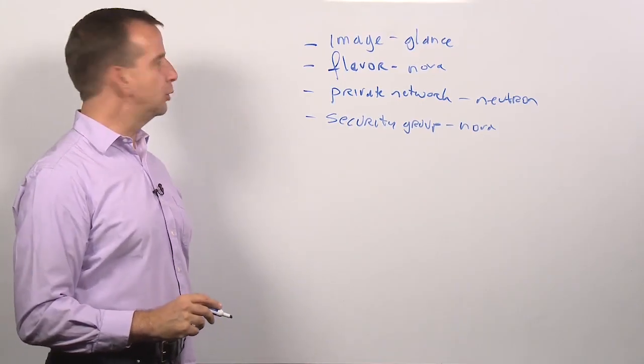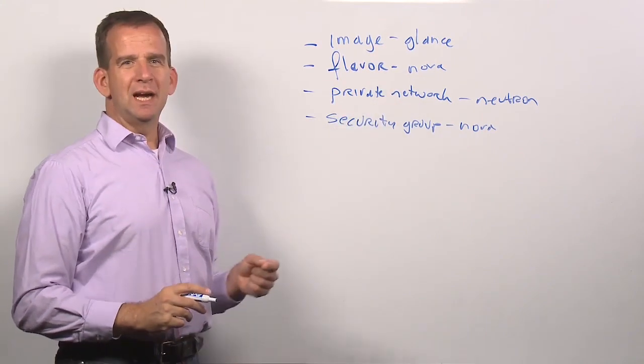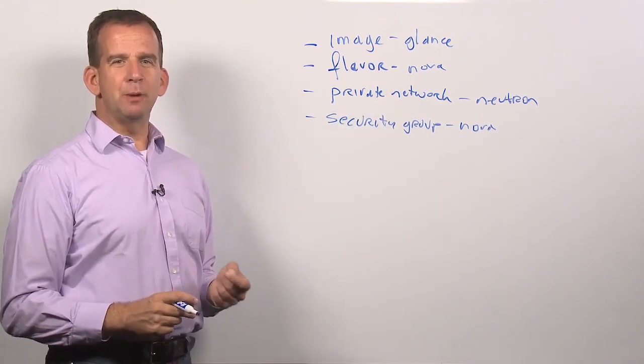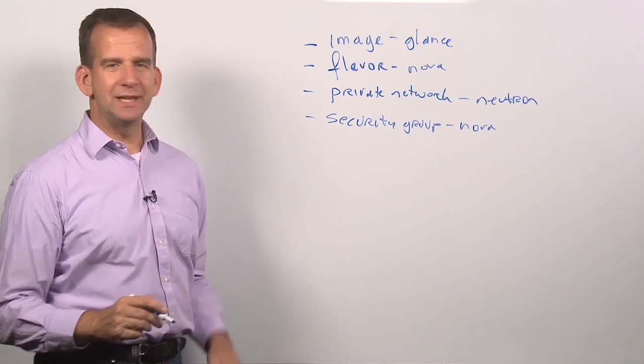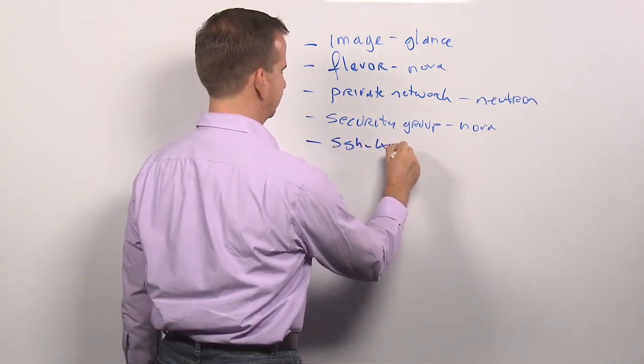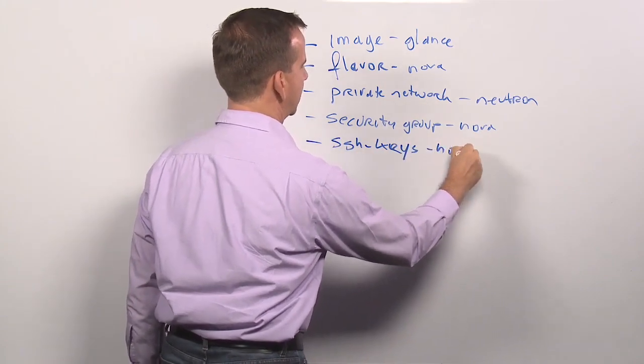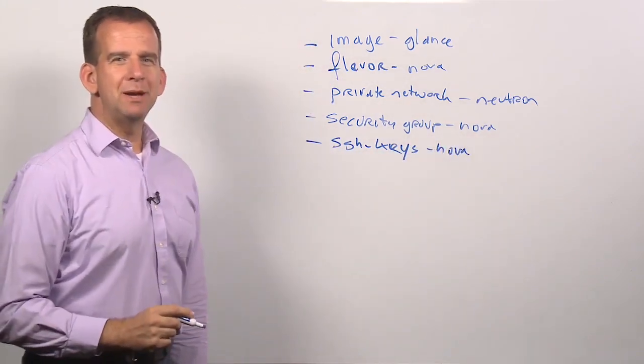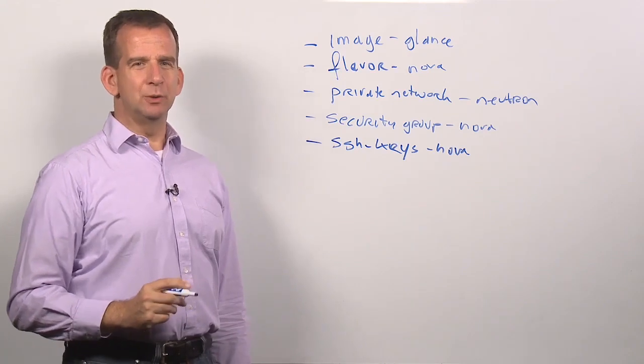Now, as an instance is booting off an image, in images it's not a very smart idea to have a default password, and that is why you need SSH keys, also managed by Nova. So you are basically going to assign a key pair to the instance.